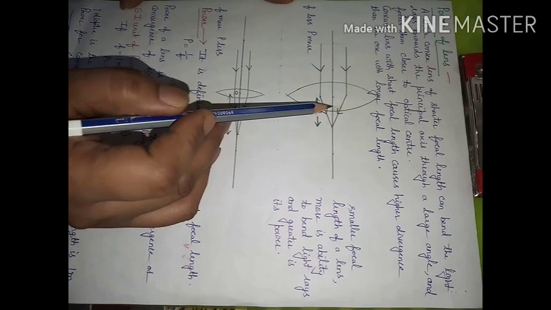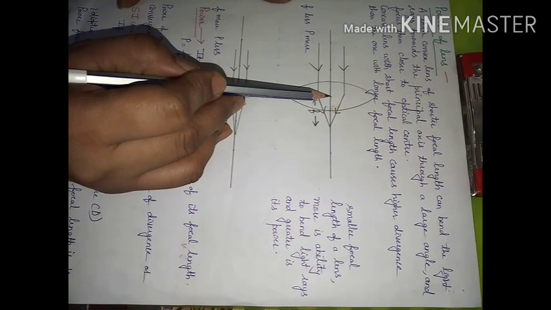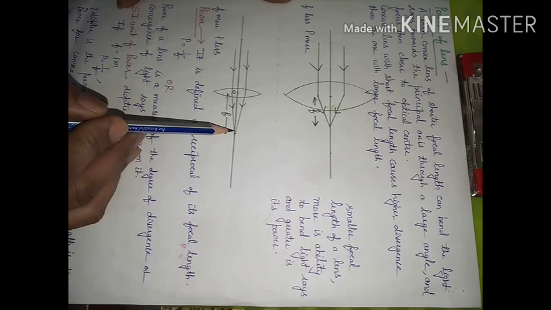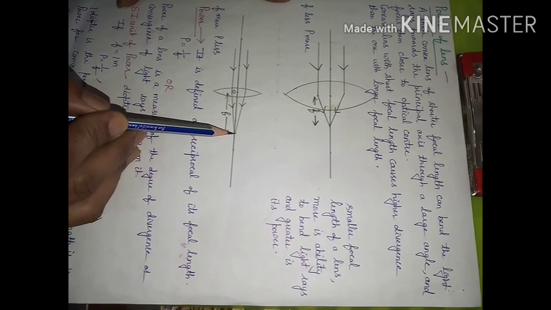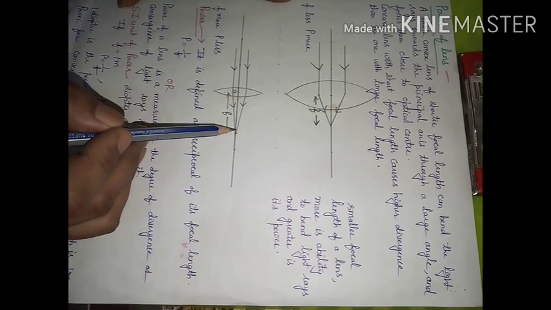In this diagram, the point of convergence is close to the optical center, and in this diagram, the point of convergence is comparatively at a large distance.